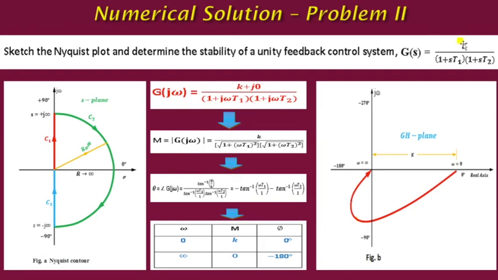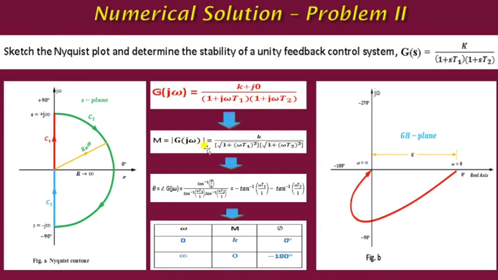That means there is no s, so where the imaginary part is equal to 0, then write down K plus j0, and the lower part is 1 plus j omega T1 into 1 plus j omega T2.